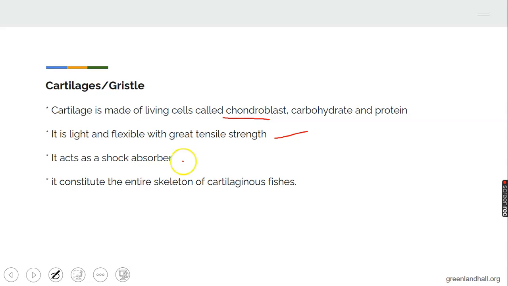It acts as a shock absorber between bones. We have seen that cartilage before, that white tissue that protects the upper bone from getting in touch with the lower bone. Cartilage also constitutes the entire skeletal system of cartilaginous fishes.